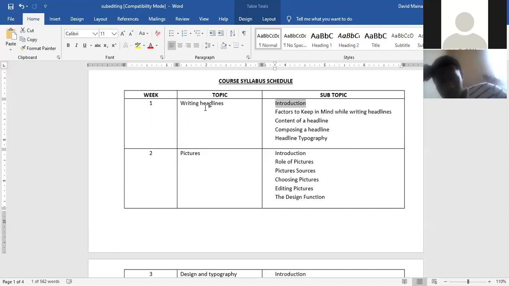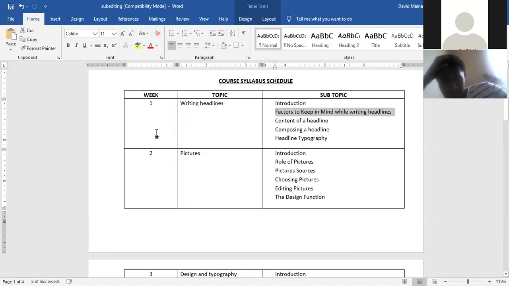Advertisers would want to advertise their products and services in a newspaper that people buy frequently, so that readers can read and actually see the adverts and so on and so forth. So here we will look at factors to keep in mind while writing headlines.